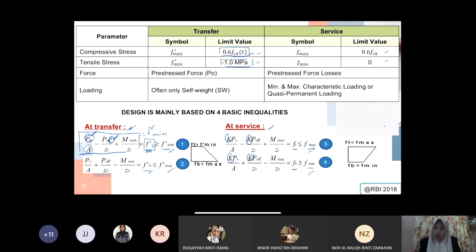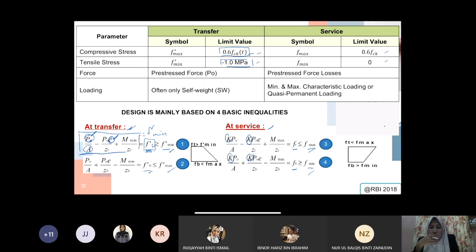When you know the stresses that occur on the beam fulfill the equation, then you know that your design is sufficient in terms of serviceability limit state.